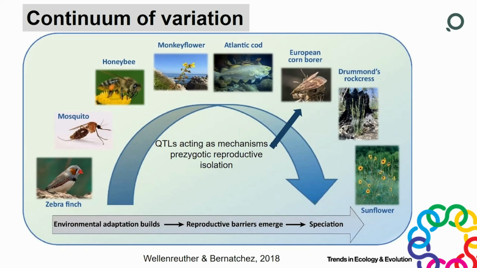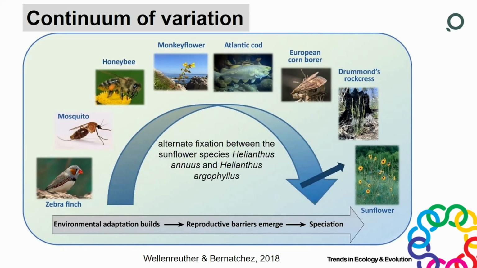Here we are finding that inversions are associated with QTLs that are directly having an impact on reproductive isolation. Same here with Drummond's rockcress, and all the way to the alternate fixation in Helianthus sunflowers. So inversions have been implicated to be associated with a whole spectrum of genetic variation.